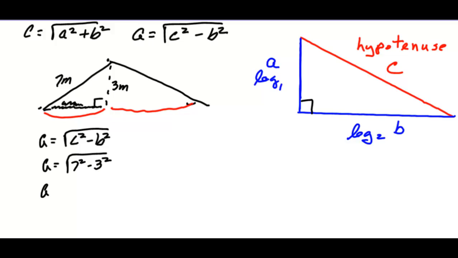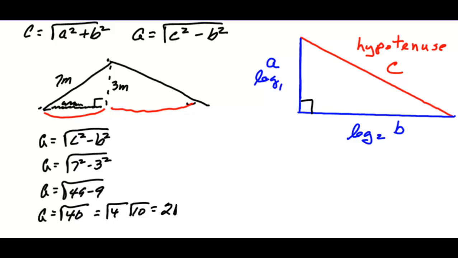The math in this is not that difficult. 49 minus 9. A equals square root of 40. All right? And it so happens that a perfect square that divides evenly into 40 happens to be the square root of 4 times the square root of 10, or 2 times the square root of 10. Okay, so that should be about 6. All right?